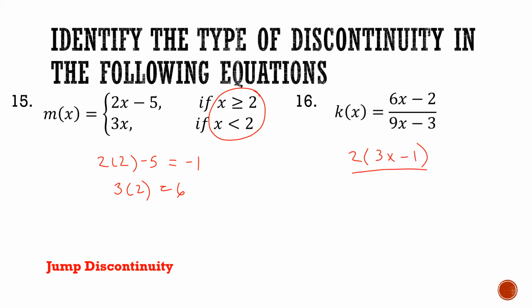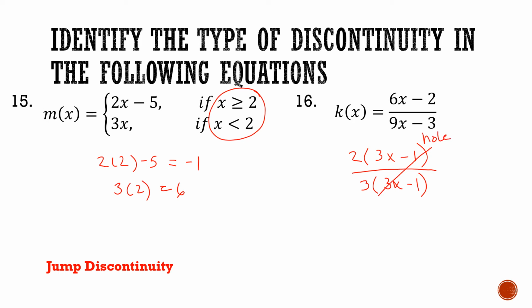And then on the bottom, I'm going to factor out a 3, and I get 3x minus 1. Now, if you remember back in your Algebra 2 days, when you have the same factor on the top and the bottom of a rational function, that is actually a hole in your graph. So this becomes a hole.